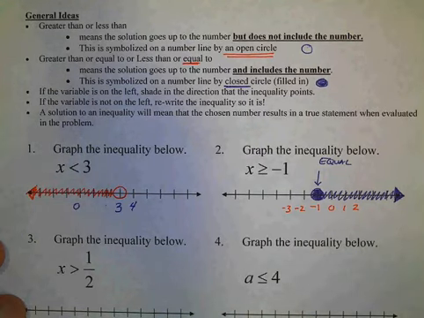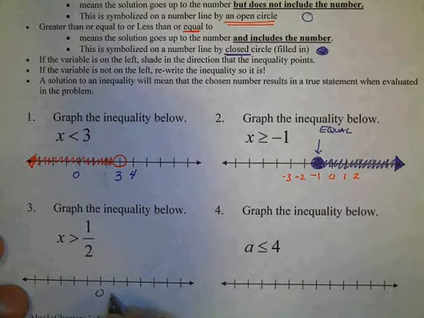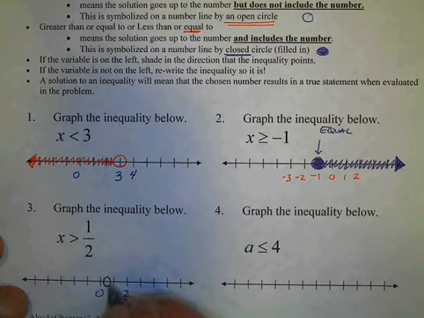Our next one, down here at the bottom, x is greater than 1/2. I'm going to label 0, 1, and 2. And I need to carefully put a circle in between 0 and 1, approximately where 1/2 is. Now in this case, I'm not going to fill in the circle, but I am going to shade in the direction the inequality points, so I'm going to shade to the right.